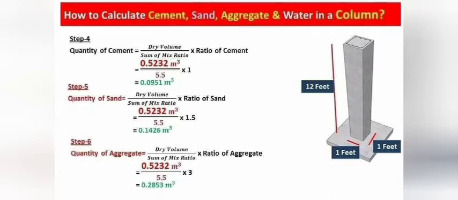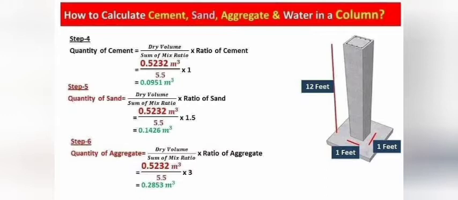In the next step 4, we calculate the quantity of cement required. It is nothing but dry volume divided by sum of mix ratio multiplied by ratio of cement. The dry volume is what we got in step 2, that is 0.5232 meter cube, divided by the sum of mix ratio, which we calculated as 5.5 for the M20 ratio 1 is to 1.5 is to 3, multiplied by the ratio of the cement.